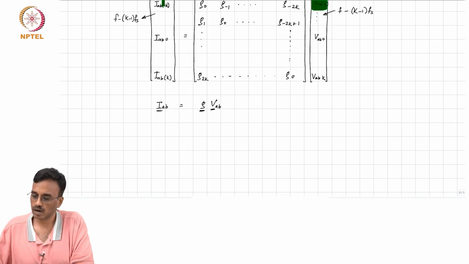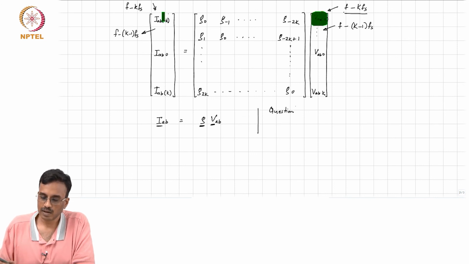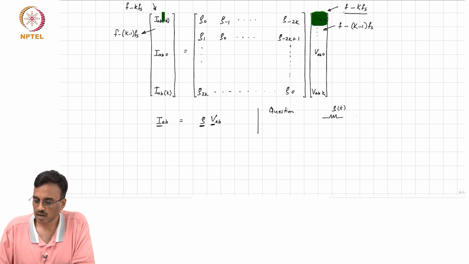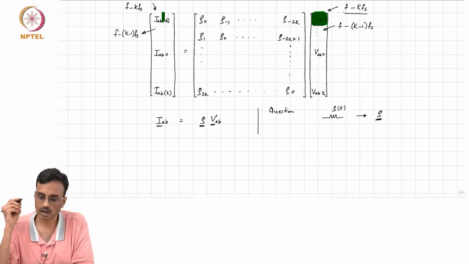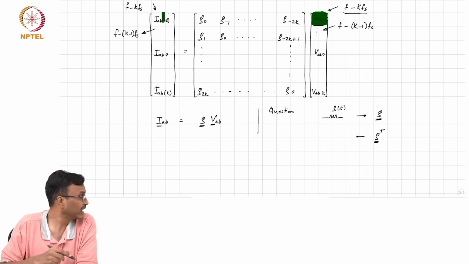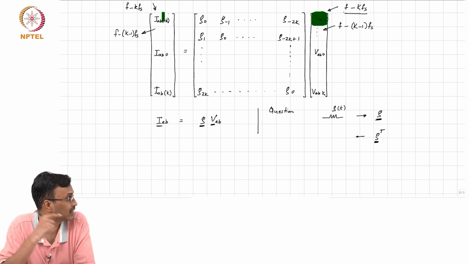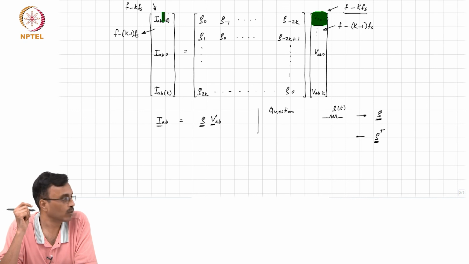Now, the question I am going to ask you is, this g of t had this conductance matrix G. What kind of matrix is this small g conductance matrix?